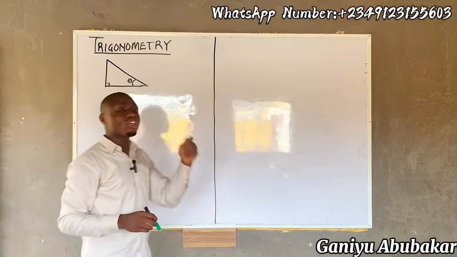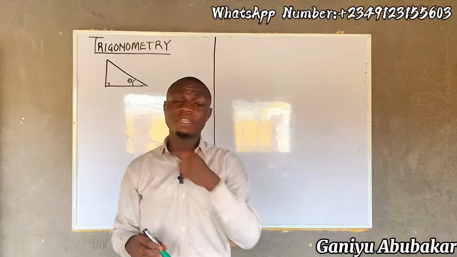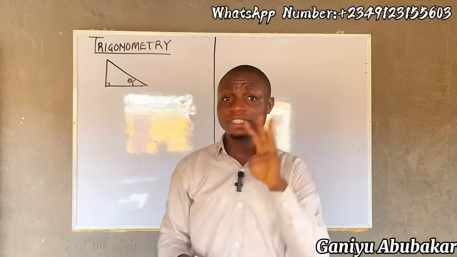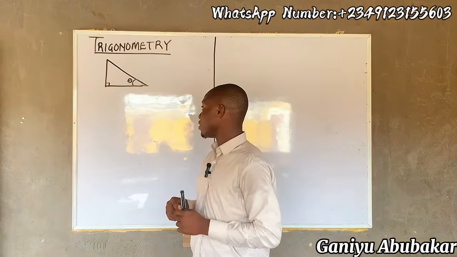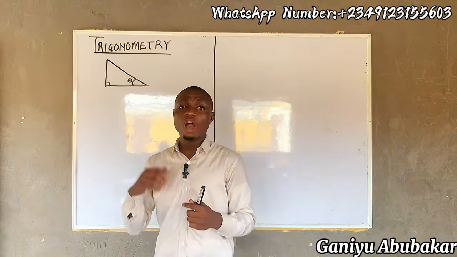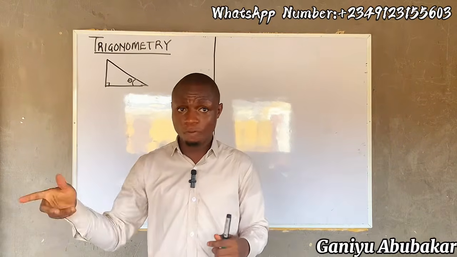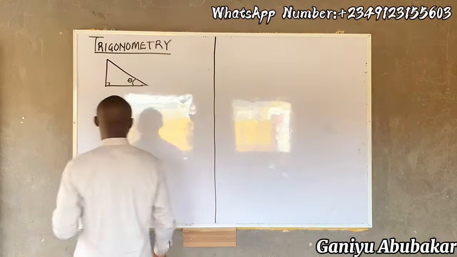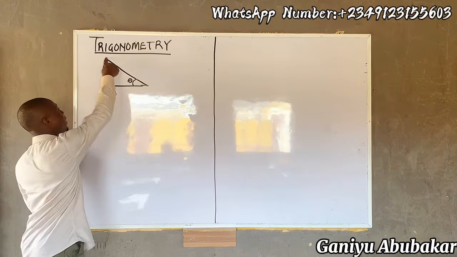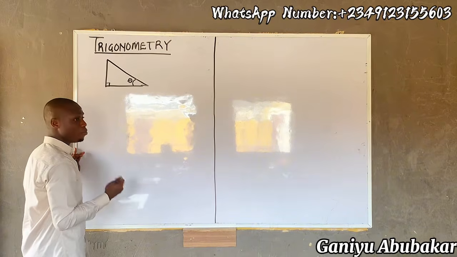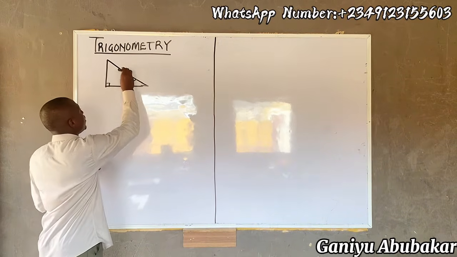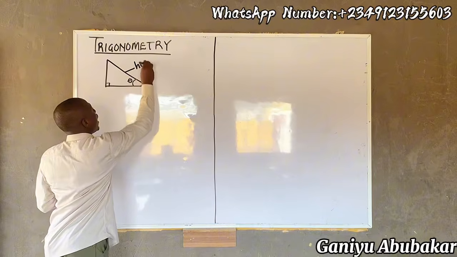Something to note from this diagram is that it has three sides. We have the hypotenuse, opposite, and adjacent. How do you spot those? It's easy. First, note that the longest part of a right angle triangle is said to be the hypotenuse. So this side here is the hypotenuse.